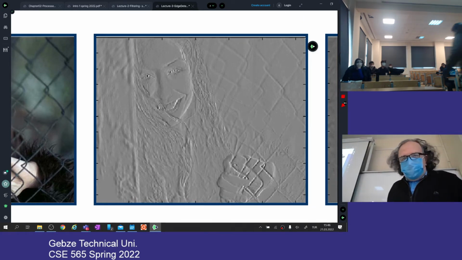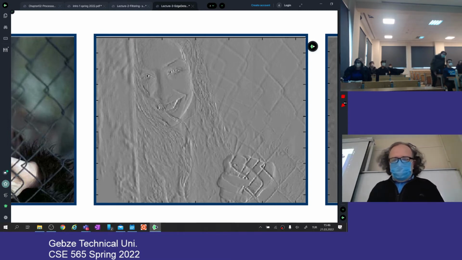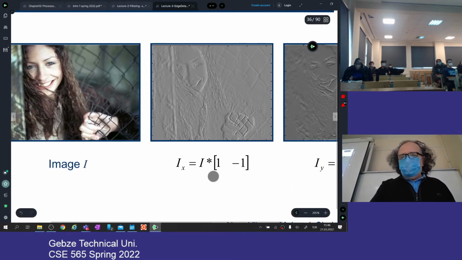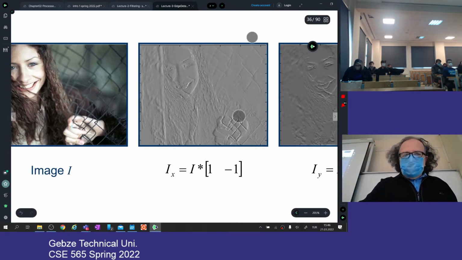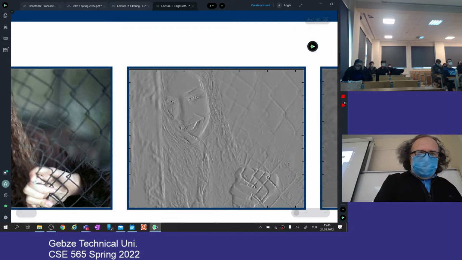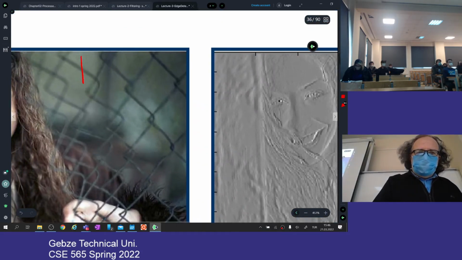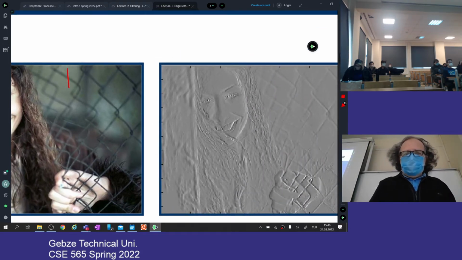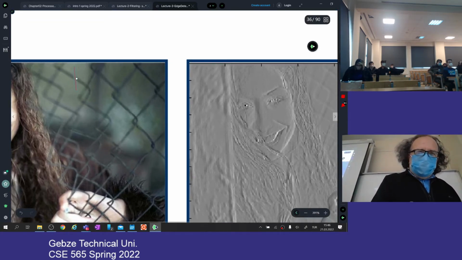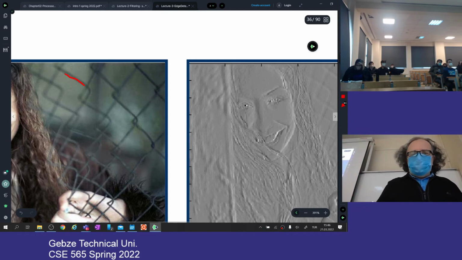And as you see, this is sensitive to the changes in the x direction. There is a change in this direction at this position in the y direction, but when I look at this image, I don't see it much, especially around here, since this is a diagonal edge like this one, it has both x and y components.